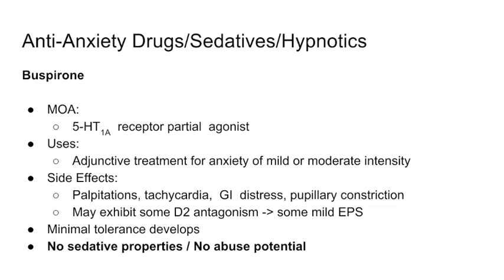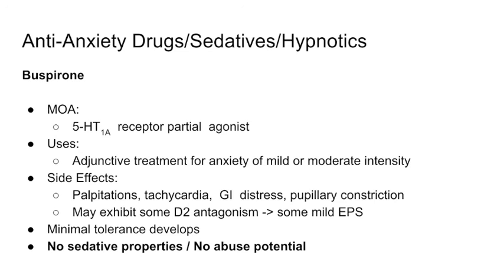Other drugs: buspirone, a very important drug to know, because it doesn't have any abuse potential and it has no sedative properties. So this is our 5-HT, or serotonin, 1A partial receptor agonist. It's used as an adjunct or on its own for anxiety of mild or moderate intensity.